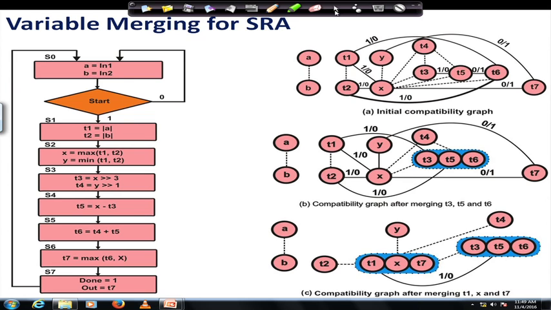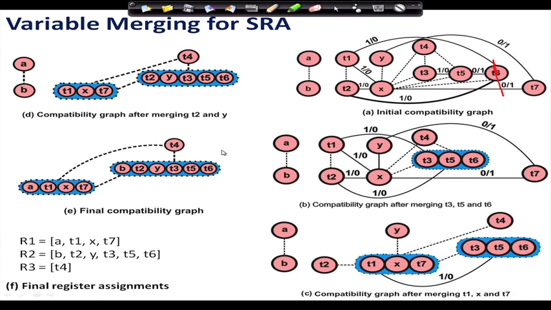Y was compatible with X earlier, and so was it with T2 and T7. X and Y should be incompatible in the second one. So, in the first one also it is incompatible.